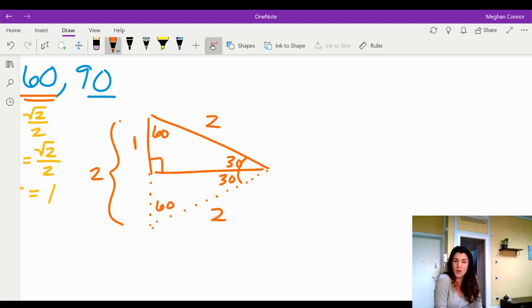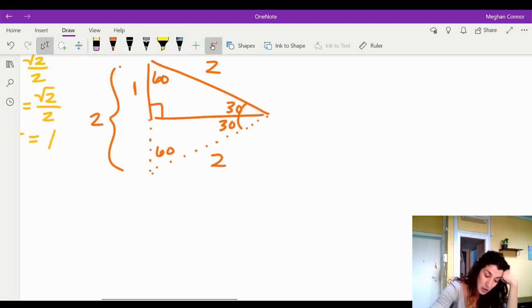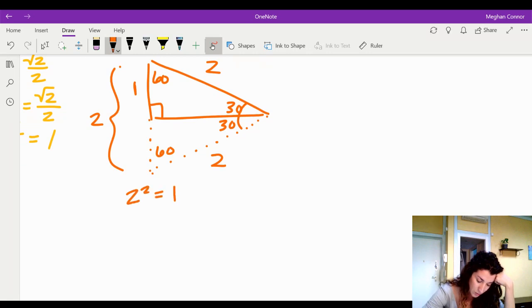That's pretty much how we got those numbers, was this idea that a 30, 60, 90 is exactly half of an equilateral triangle. Now, taking that, we can solve for the one missing side length that we have, again, using your Pythagorean theorem. 2 is your hypotenuse, so it would be 2 squared equals 1 squared plus b squared.